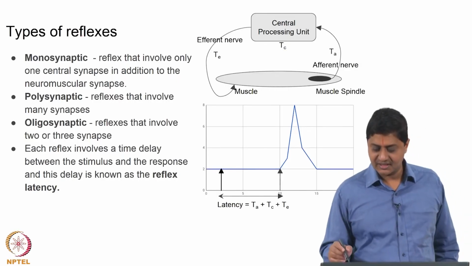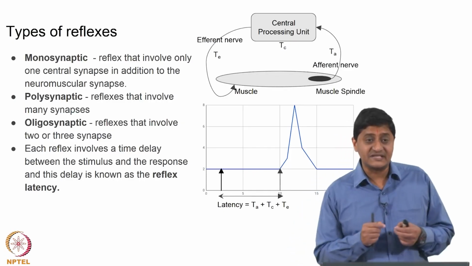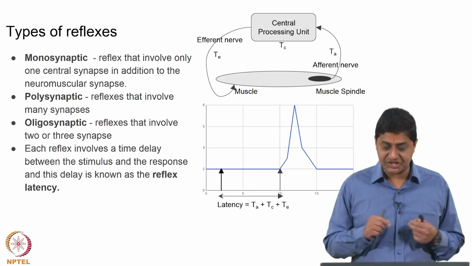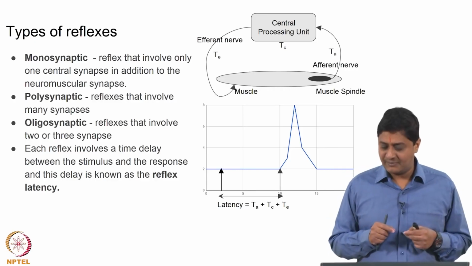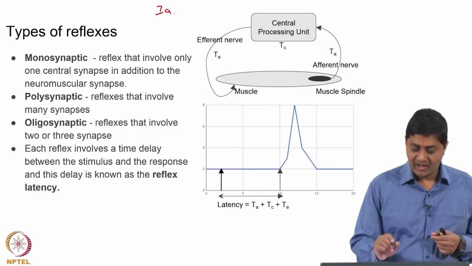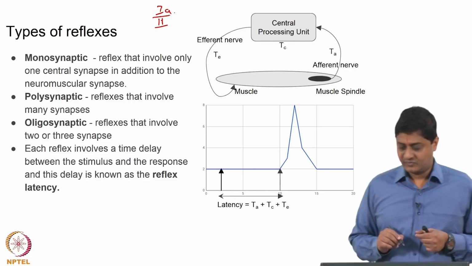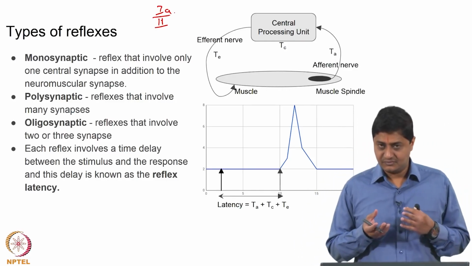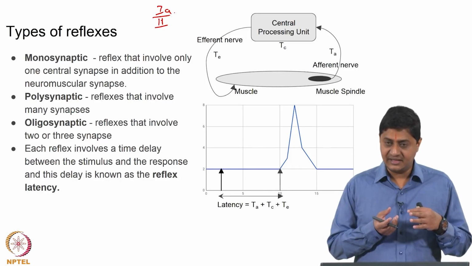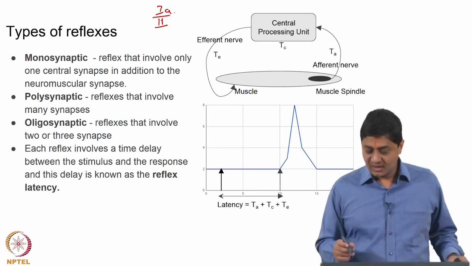For example, with a particular example of the muscle getting lengthened, right. When the muscle gets stretched, what happens? We saw what will happen. There are 1A afferents and 2 afferents. The 1A afferents are responsible for detection of velocity and length, 2 is responsible for detection of length alone.